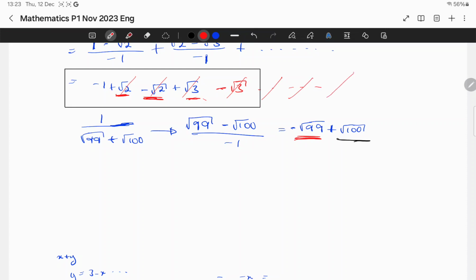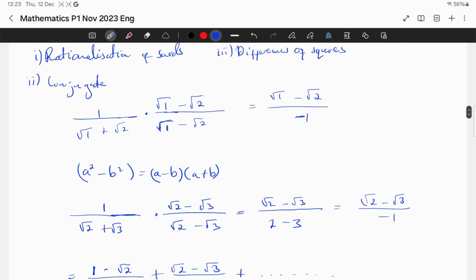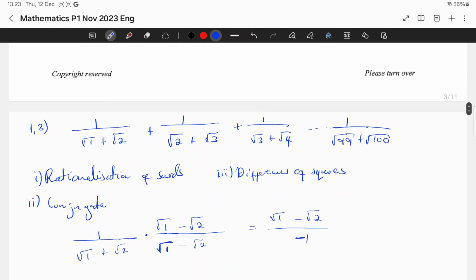The only terms that are left at the end are this negative 1 right here, and this plus root 100. What does that give us? Negative 1 plus root 100 is negative 1 plus 10, that is equal to 9. That's the solution. This one requires a bit of thinking, but it's not too difficult once you try and think through it.